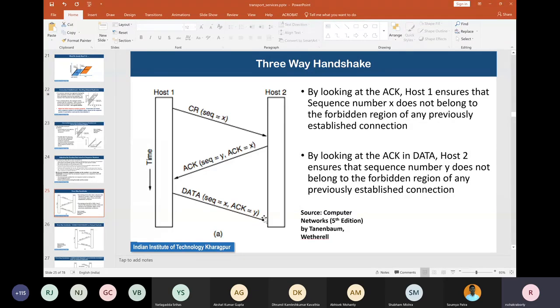These are called delayed duplicates. Delayed versions of packets it has already received, with the same sequence numbers, and it might get confused.